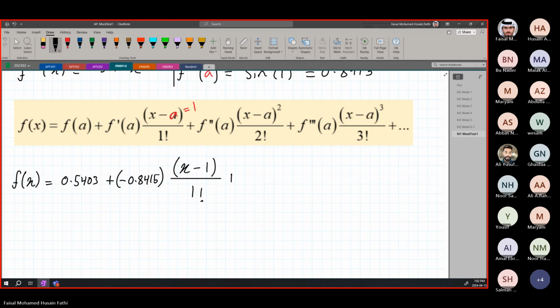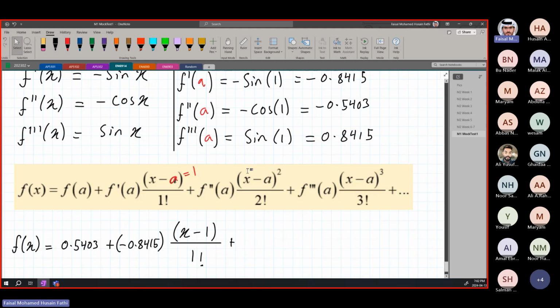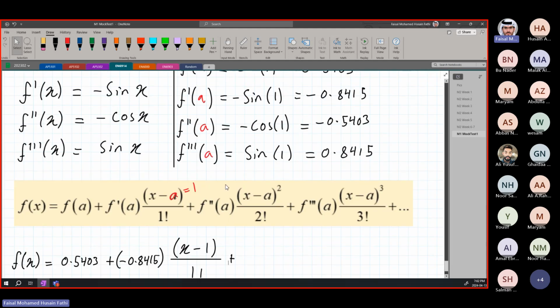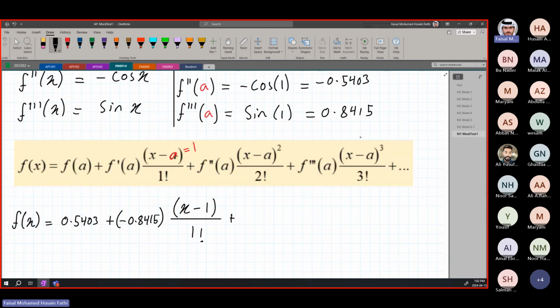Plus, again, we will keep on going. So this was f prime. We are at f double prime, which is minus 0.5403. Again, x minus 1 squared over 2 factorial.